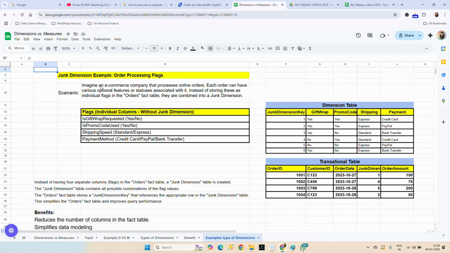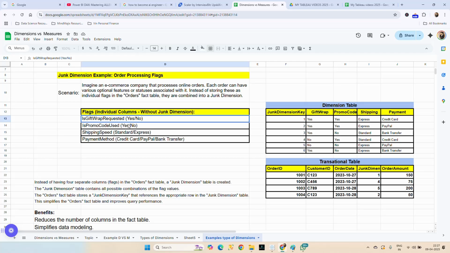See the scenario. Imagine you have an e-commerce company that processes online orders. Each order has various flags. Is it gift wrapped? In an e-commerce company we have lots of products, right? For each product we need to know if it is gift wrapped or not.